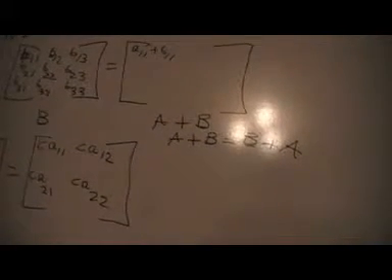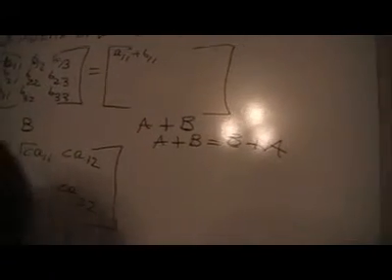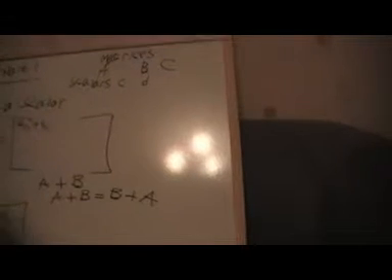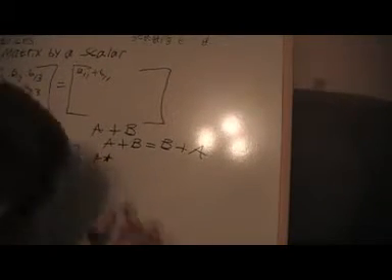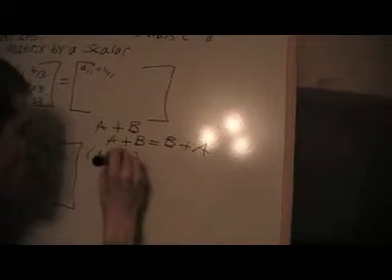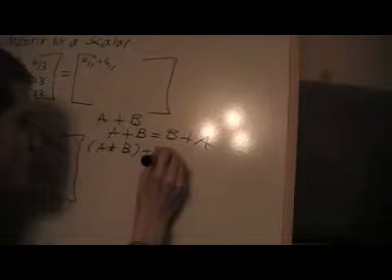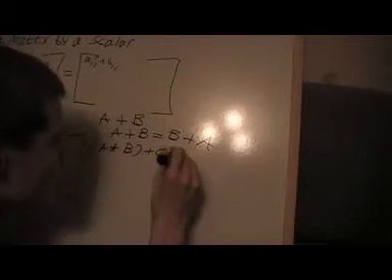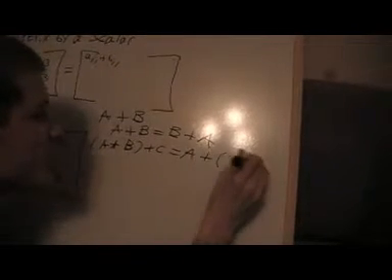So I've written down here, C is also a matrix, capital C. So I've got A plus B plus C always equal to A plus B plus C with the brackets moved.